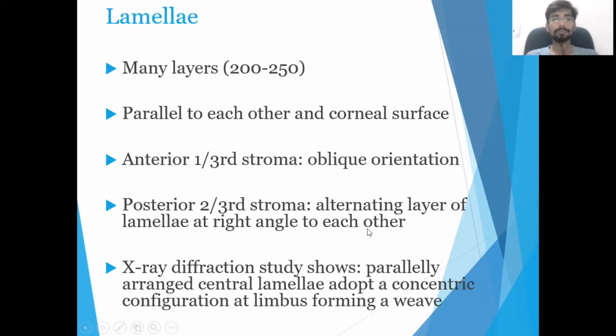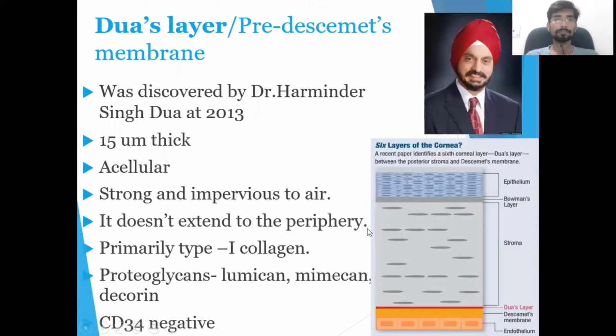X-ray diffraction study shows parallelly arranged central lamellae adopt a concentric configuration at the limbus, forming a weave. Dua's layer or pre-Descemet's layer was discovered by Harminder Singh Dua, 15 microns in thickness, acellular, strong and impervious to air.